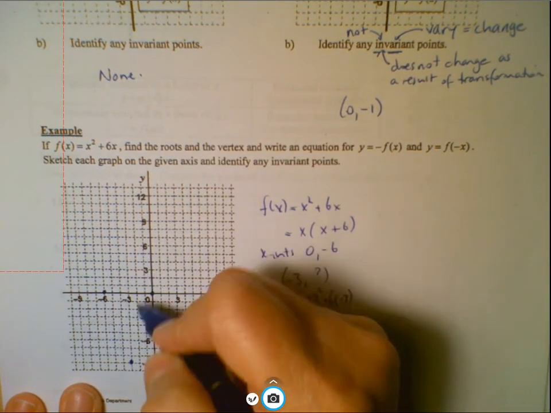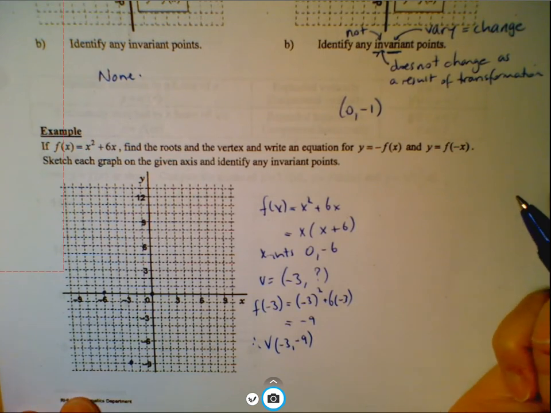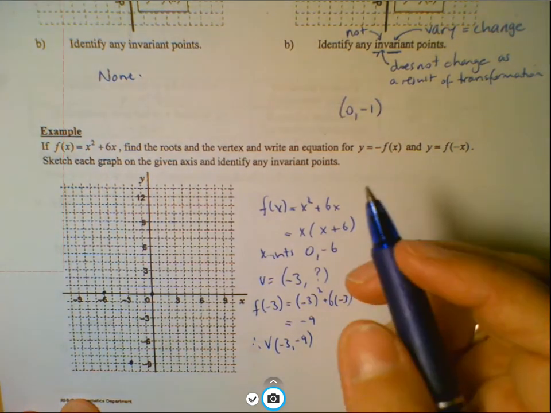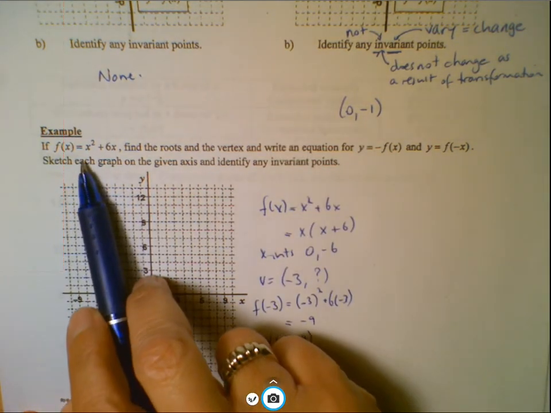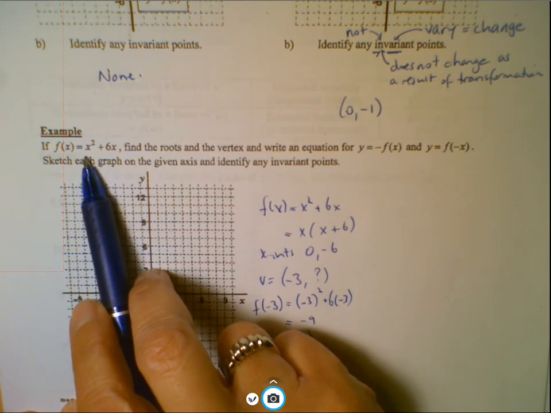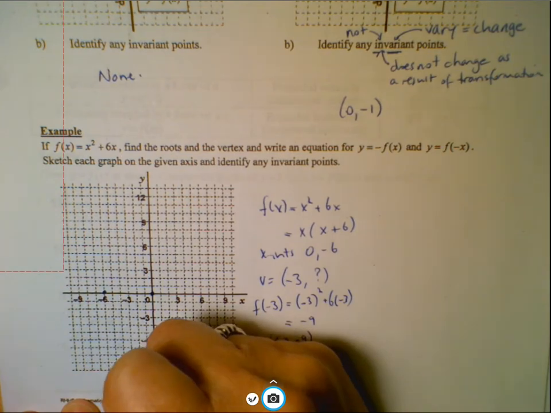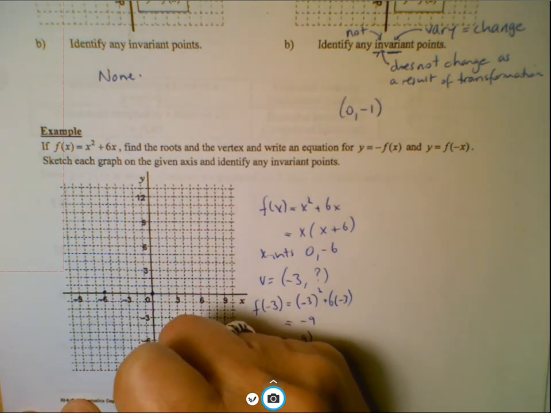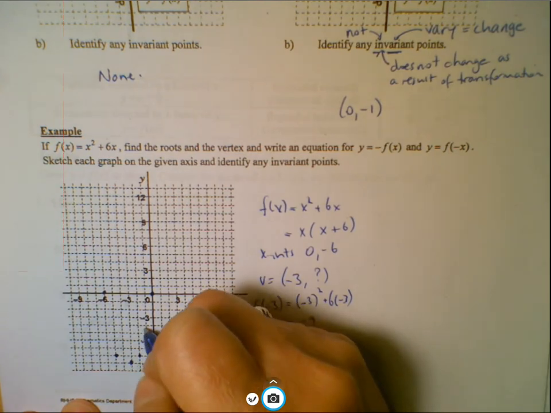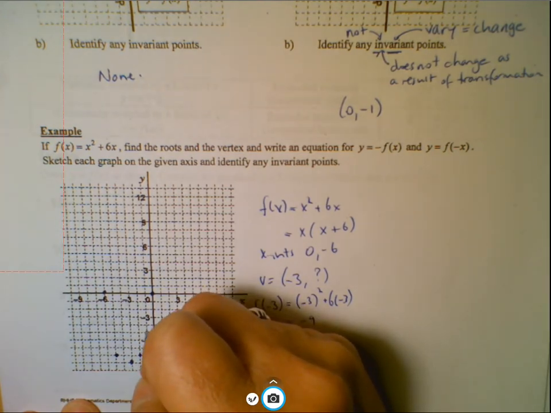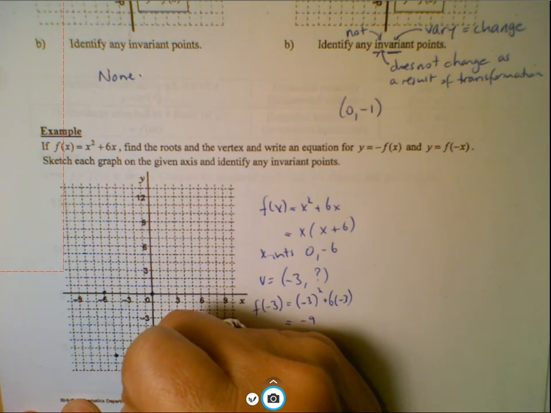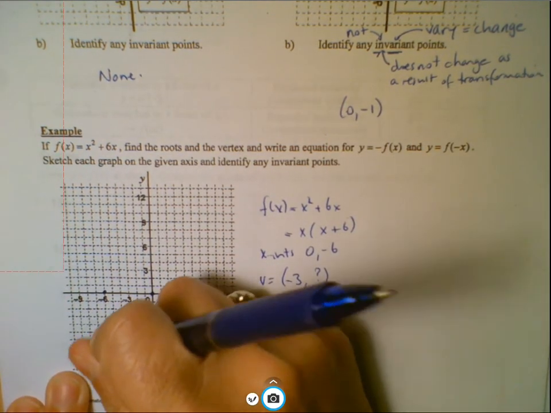Okay, and now I can actually sketch the parabola, but we know that a good parabola has 5 points, not 3. I notice that the a value is 1, which means it's the same shape as the parent. So from the vertex, I can just go 1, 1, 1, 1. Sorry, it's not 1, 1, this is 2, 1.